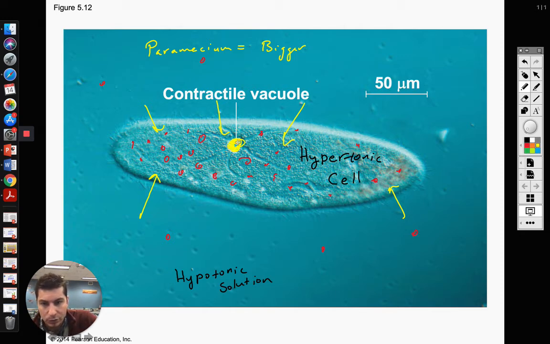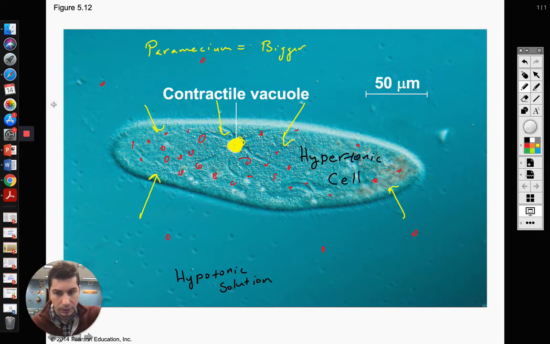So what it has is this thing here. This is called a contractile vacuole. What that contractile vacuole is going to do is, as this water is rushing into the cell because the cell is hypertonic to the outside solution, which is hypotonic, the contractile vacuole is going to get bigger and bigger and bigger, and it's going to fill with water. And then once it fills with water completely, it's going to squirt. Okay?